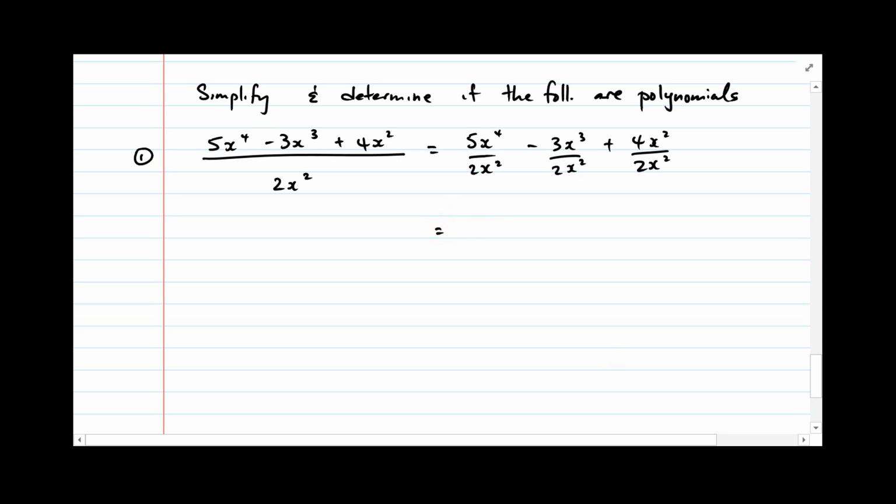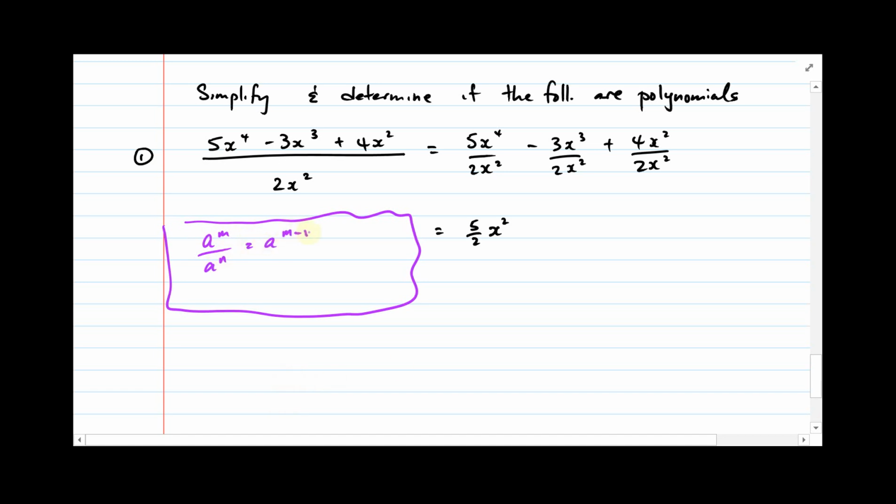We end up with a coefficient of 5/2 x squared. What am I doing? I am using the form a to the m over a to the n, which is the difference of exponents, and if I need to, a to the 0 would be 1. Continuing, the numerical coefficient that I have is 3/2. The variable is x to the 1st power. The next term, 4 divided by 2, is 2.